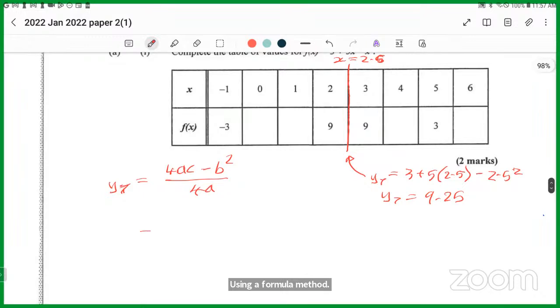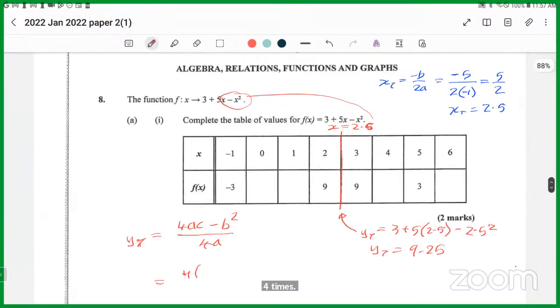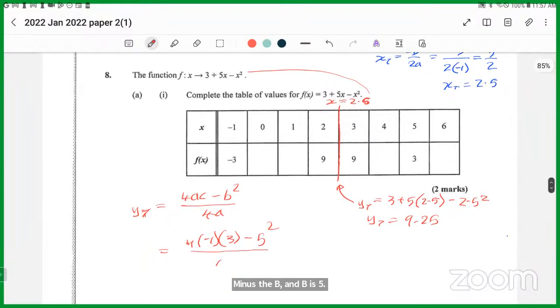Then we would get 4 times the A value, which is -1 from the coefficient of x squared, times C, the C value is 3, minus the B, which is 5, and you're squaring that 5, divided by 4 times A, the A is -1 again.